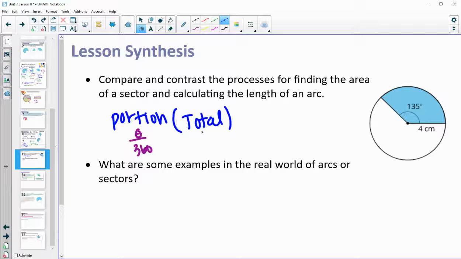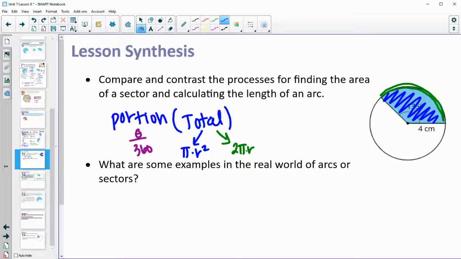So if you're looking for the sector area, then you're multiplying this by the total area, pi r squared. Or if you're looking for the arc length, you're multiplying this by the total circumference, which is 2 pi r. So arc length is a portion of the circumference. Sector area is a portion of the area. So take the fraction you have times whichever you're looking for, total area or circumference.